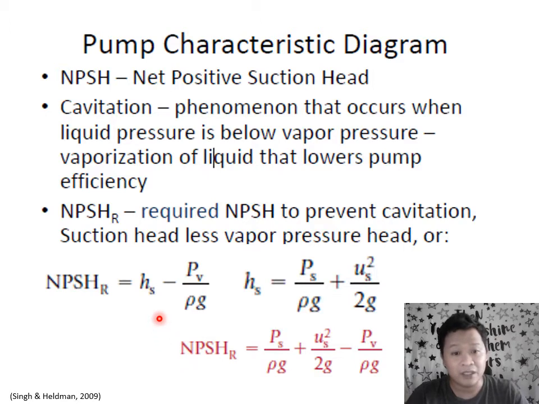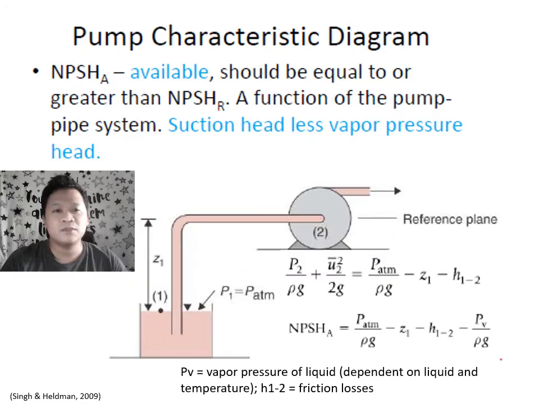So this is simply suction head less the vapor pressure over your rho g. Okay, and then since the suction head can be determined using this equation, you can calculate the NPSHR.